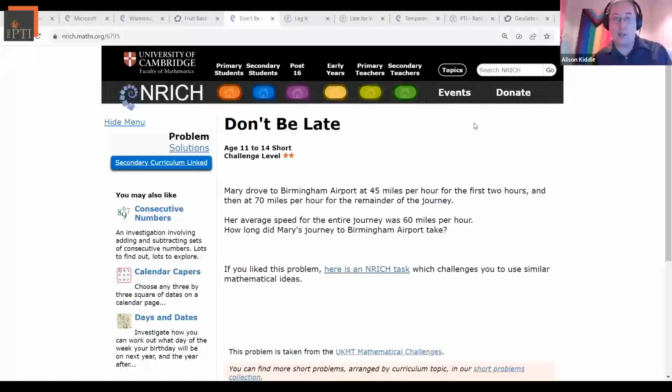So I'm going to share some more of the ratio, proportion and rates of change problems, but specifically on the subject of speed, distance, time, because when we're teaching ratio and proportion and rates of change, one of the most relatable bits of proportional reasoning is this idea of speed, distance and time.